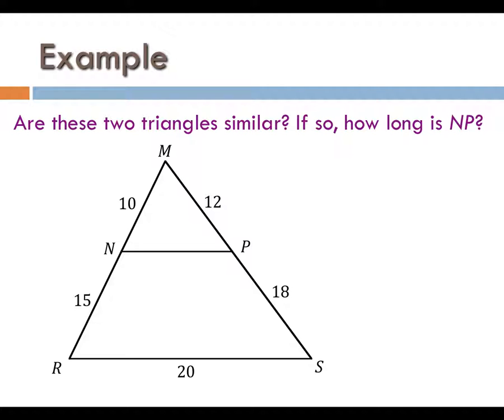Okay, so we can implement the reflexive property there. Yes. This angle is congruent to itself. That's one pair of angles. We need a second pair in order to use angle-angle similarity. MRS and MNP are congruent. Why? Because they're on the same line. Because the two lines are parallel.